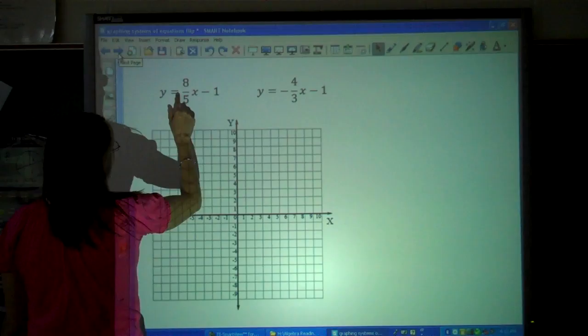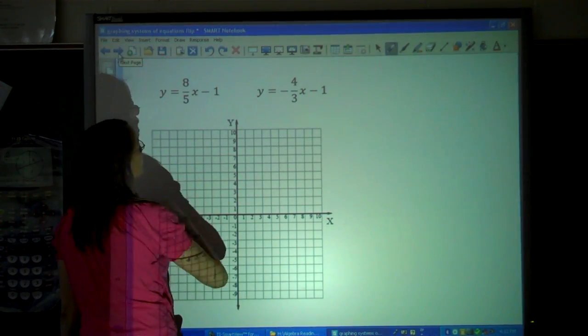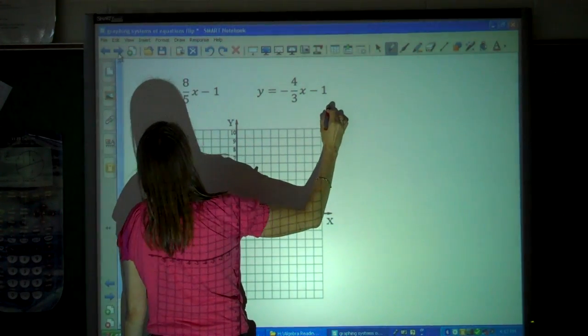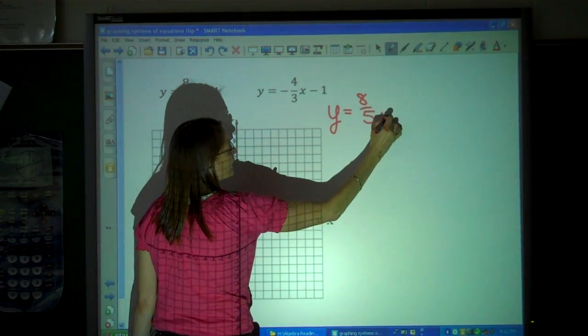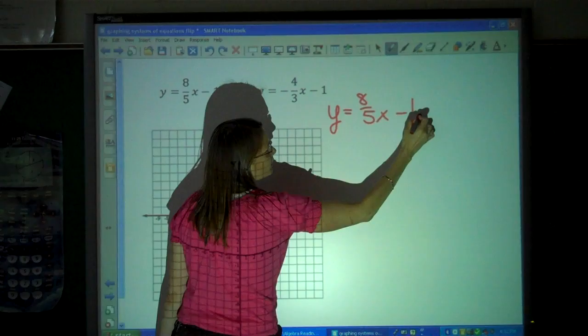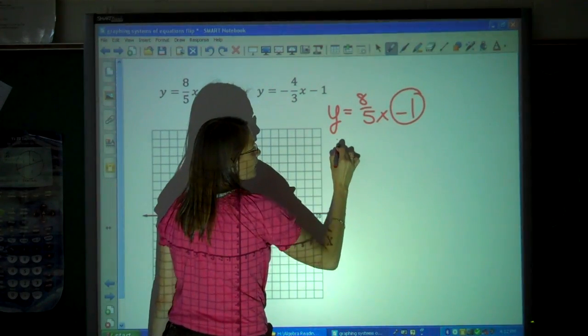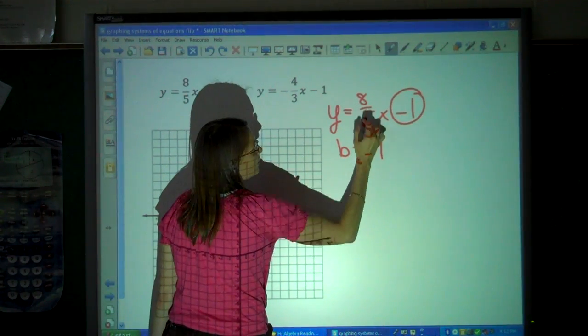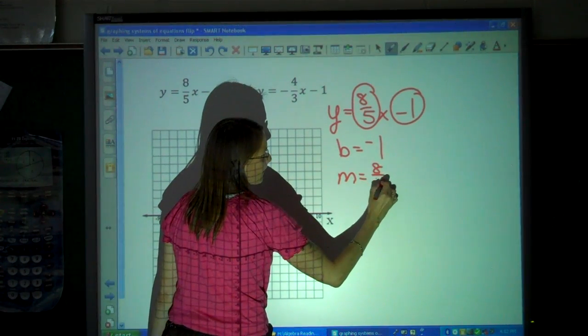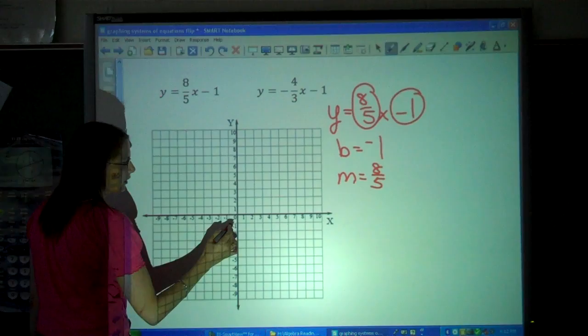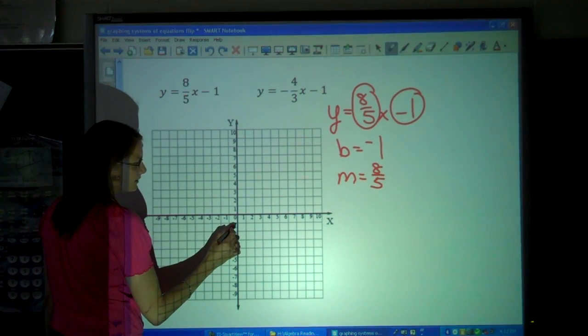So I'm going to take this equation and slide it over to the side of mine. You can put it underneath or wherever you have room. So I have y equals 8/5 x minus 1. Remember, the minus 1 is my y-intercept. That's my b. The 8/5 is my slope. So I'm going to come over here where y is negative 1.